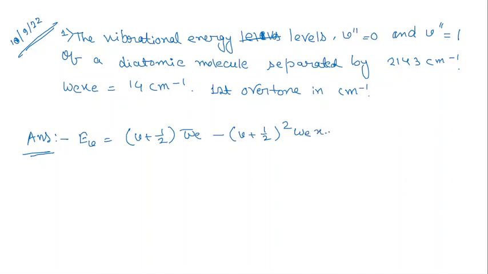Omega e bar centimeter inverse. Now they told that v equals 1 to v equals 0, so putting v equals 1 here, because this is the energy gap.